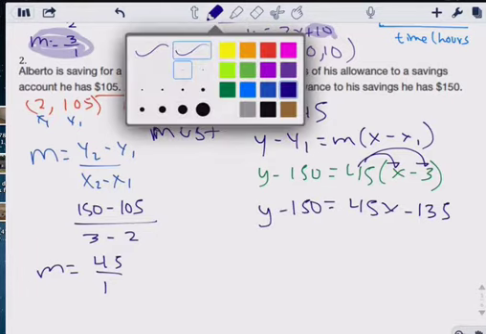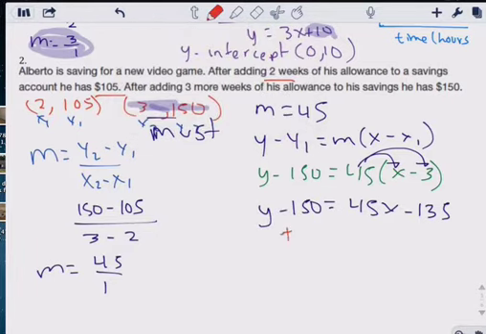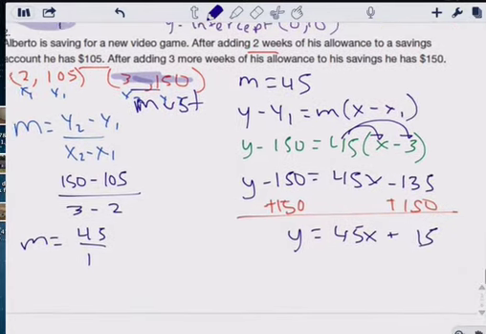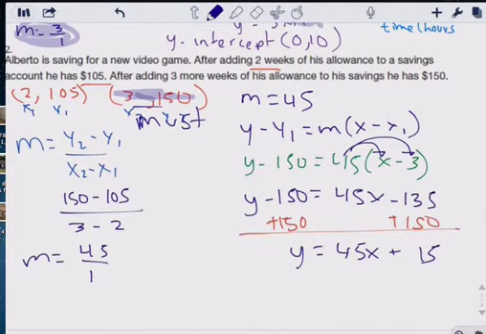I'm going to add 150 to get rid of it so we can get only y left. That gives you y equals 45x, sorry for the sloppy writing, plus 15.